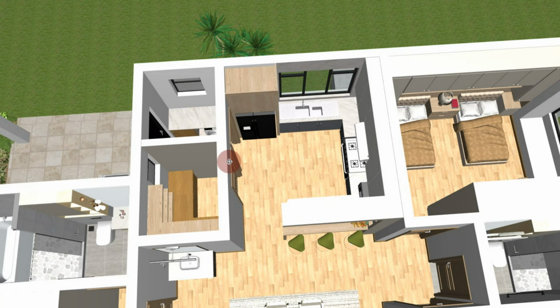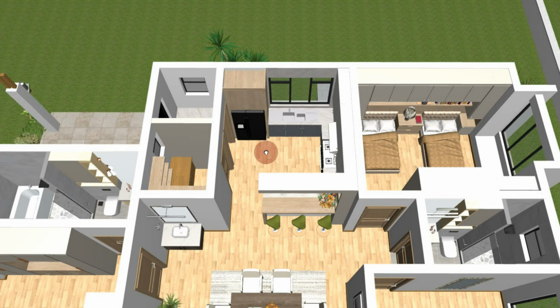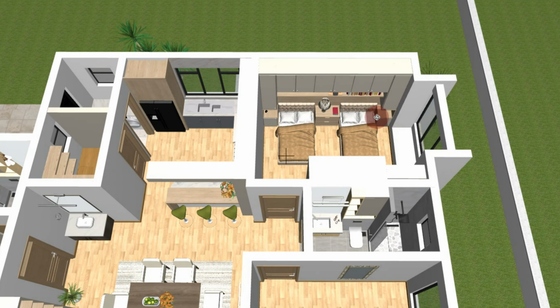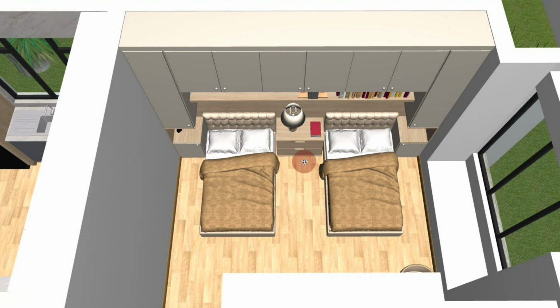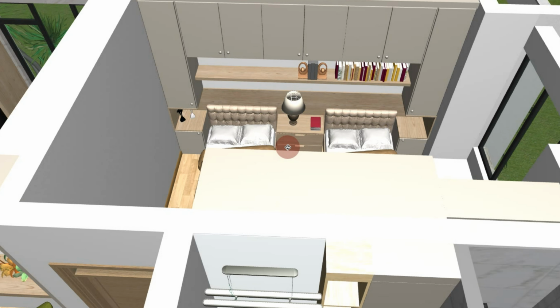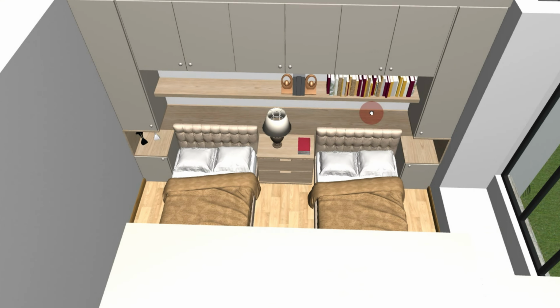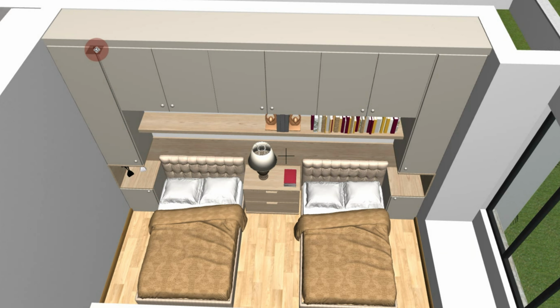And then for the 2 bedrooms, you have these 2 spaces there. So you have bedroom 1. And this bedroom here, one thing I like about it is the opportunity it offers for more storage at this particular wall.